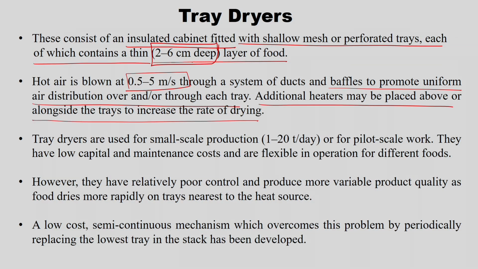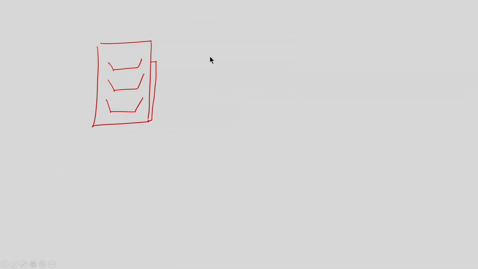Okay. So, in the tray dryers you will have a cabinet. This is your door. You have trays over here, where your food material is kept, 2 to 6 centimeter deep. Here you have an air inlet. You have a fan here.